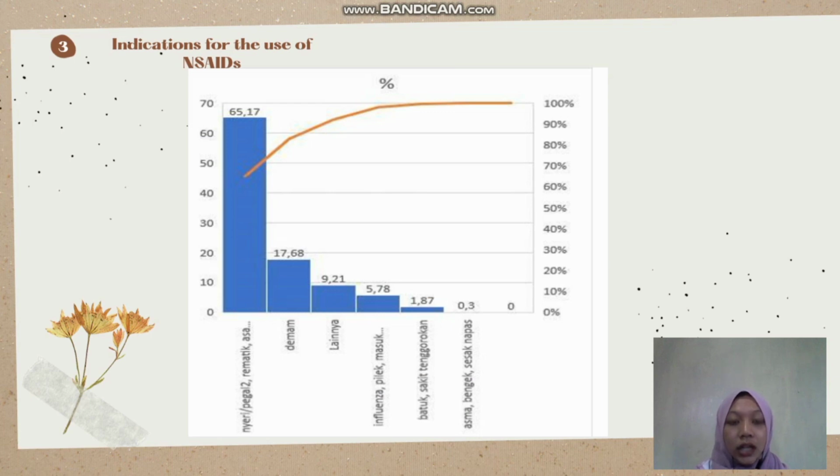3. Indication for the use of non-steroid anti-inflammation drugs. Most indications for using non-steroid anti-inflammation drugs are for complaints of pain, rheumatism, and inflammation, at 65.17%. Generally, people self-medicate to treat pain.